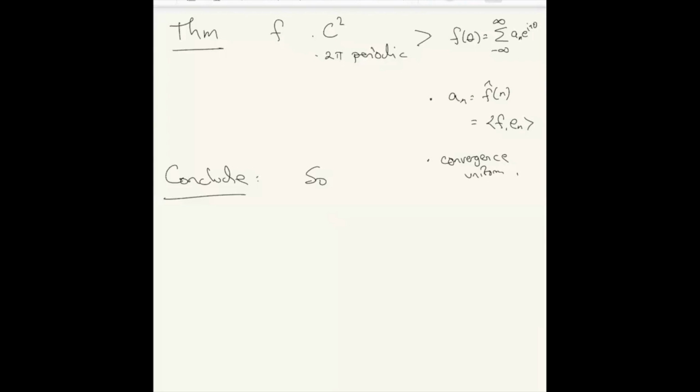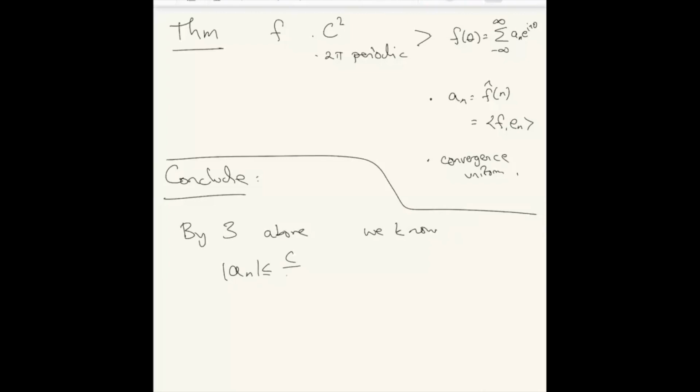Okay, so let's conclude how this all fits, how the pieces come into play. Well, by 3 above, we know that the coefficients a_n decay like c over n squared when n is not equal to 0. By 2, we know then that the series converges uniformly to something.